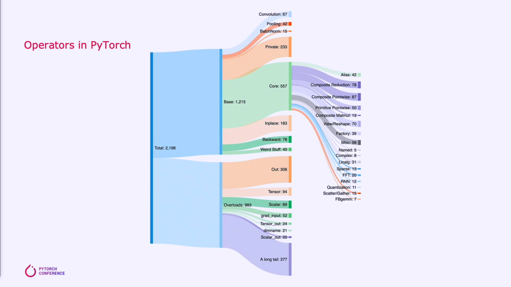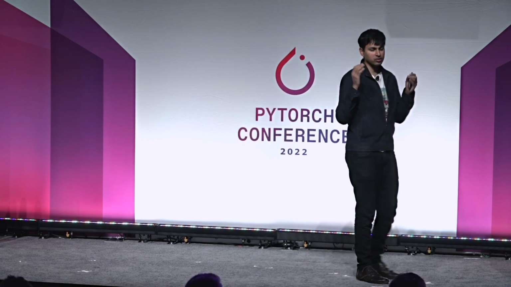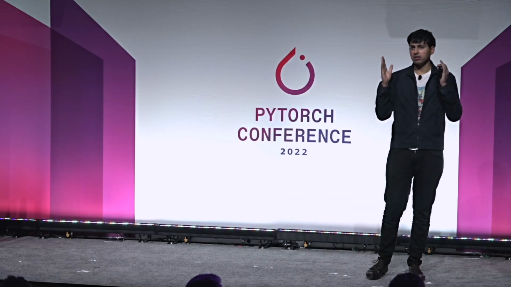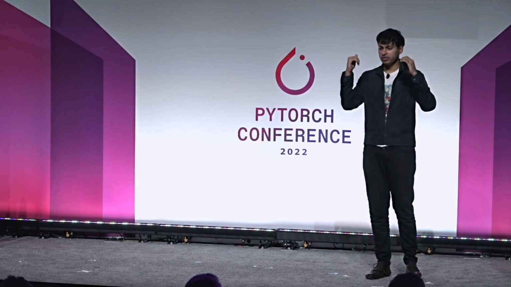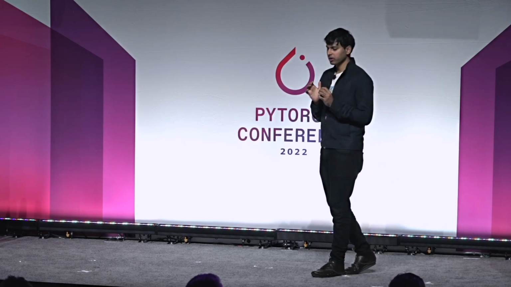And if you write a backend or a feature like VMAP for PyTorch, you have to support this many operators, and that's untenable. So we've been thinking about how to make it easier for contributors and hardware vendors to write backends for PyTorch. The idea here is we want to reduce these 2,000 operators, decompose them into a smaller operator set, and we want to call this primitive ops.